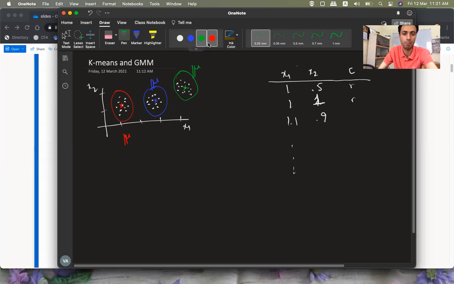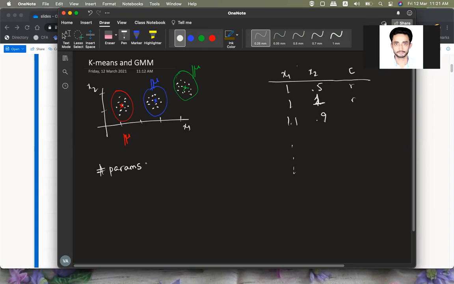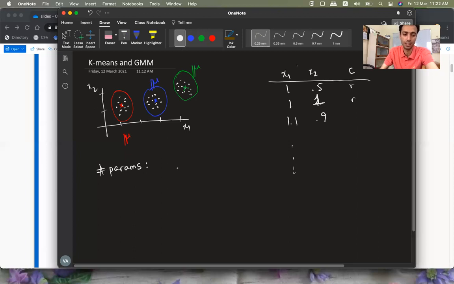So total how many parameters? 3 parameters. Think carefully. 6. 6, yeah, because each mu will have 2 values, x1 and x2, right? So total 2 into 3, 6 parameters.